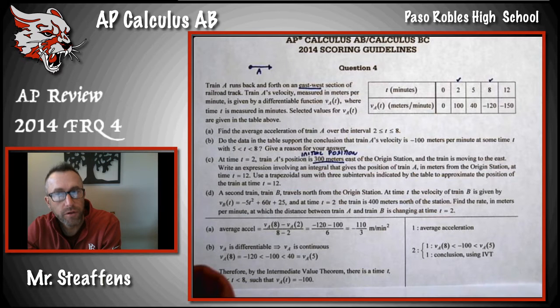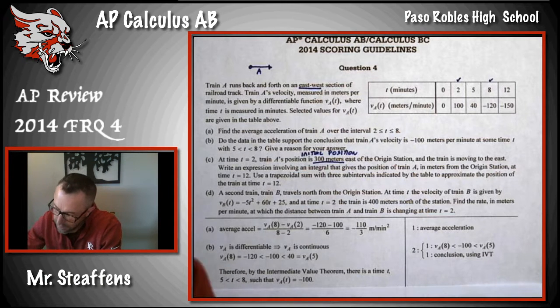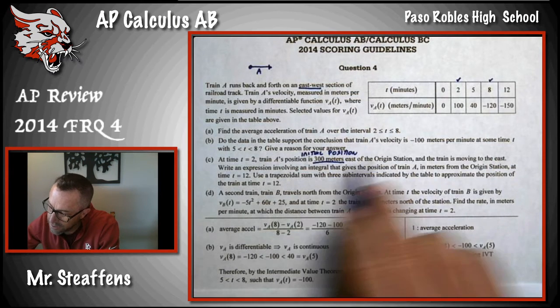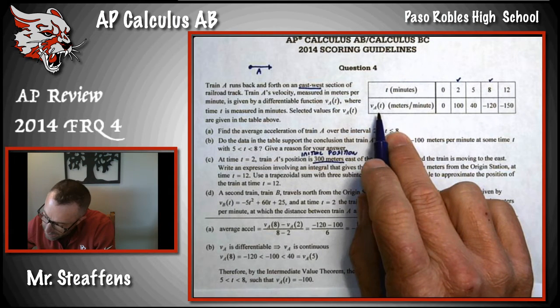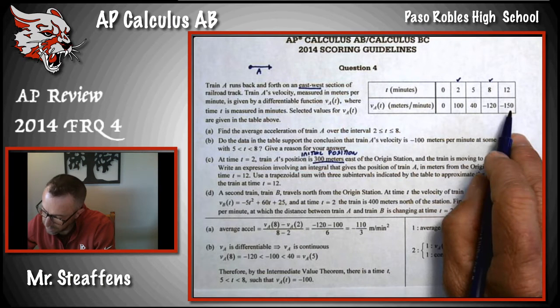But we also have to know where they started at. So that initial position, which is like S naught, that's the initial position we have to look at. So in our table, the initial position at time equals 2 is going to be 300. So what I should be able to do is, since this is velocity, I should be able to just integrate this information from here to here to figure out what that's going to look like.